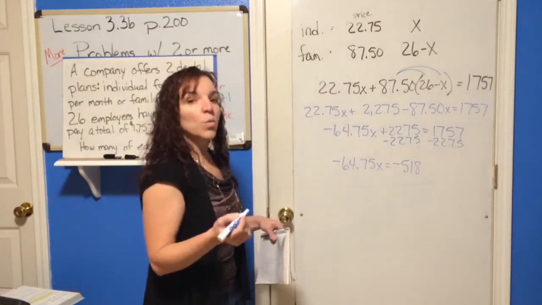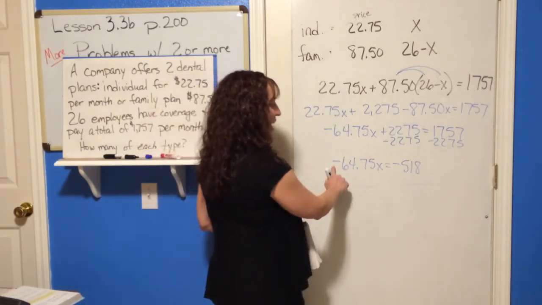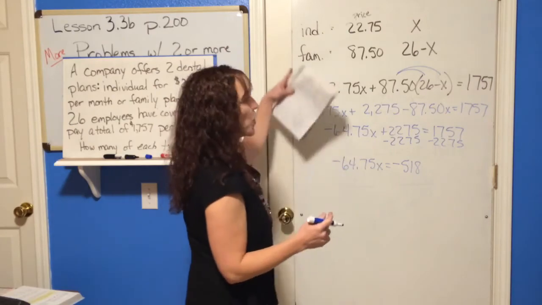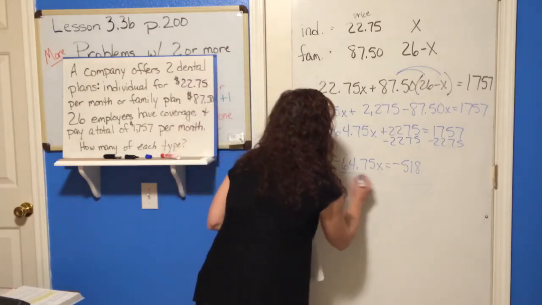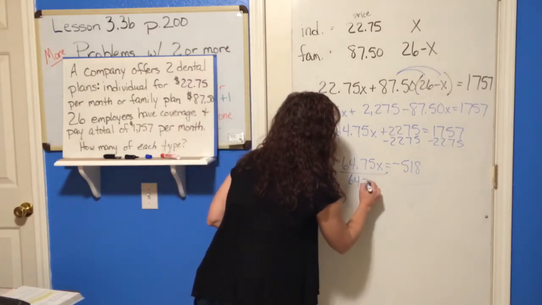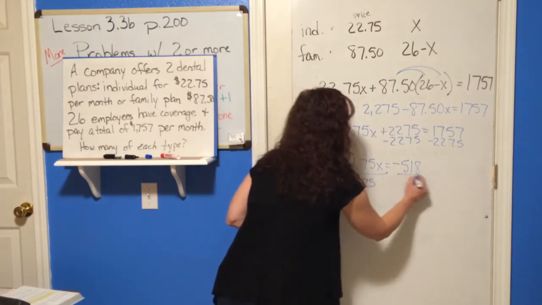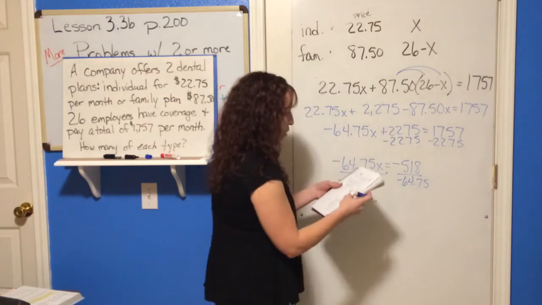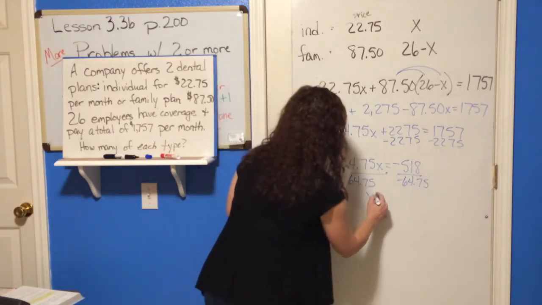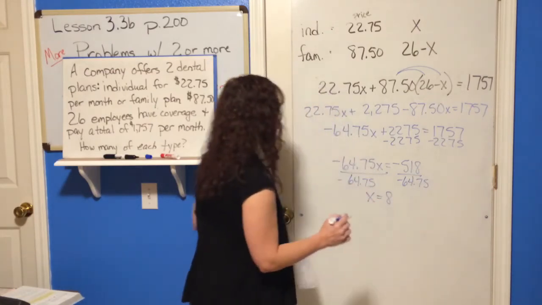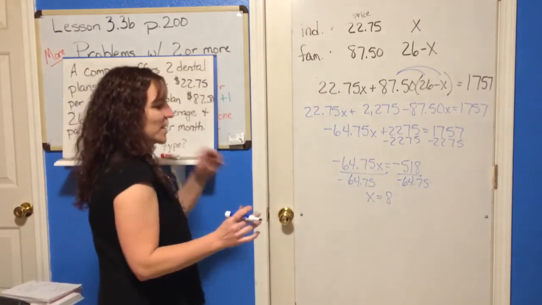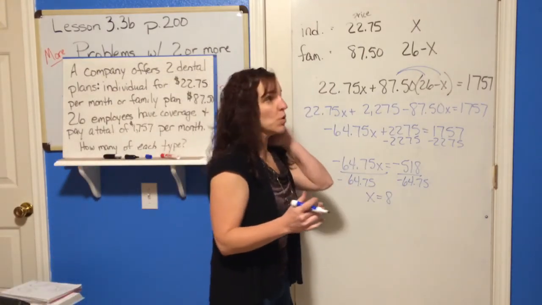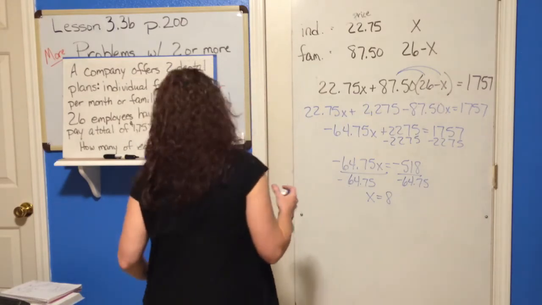And now, when we divide, we have to divide by a negative, and a negative divided by a negative will give us a positive, because you knew we couldn't have negative people, right? So we divide by the negative 6475. And when you put that into your calculator, x equals 8. So then once again, don't forget, take that information and put it back into your original information. So x is 8.